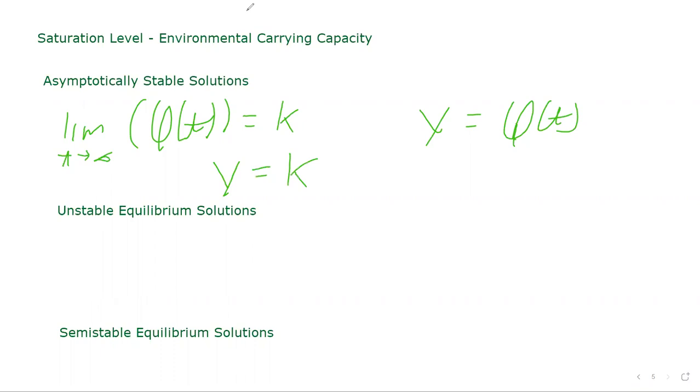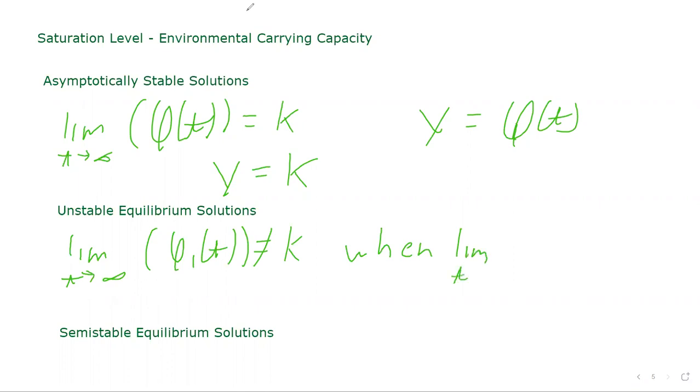Now, if it's unstable, the limit as t goes to infinity of phi 1 of t will not equal k when the limit as t goes to infinity of phi 2 of t does equal k.